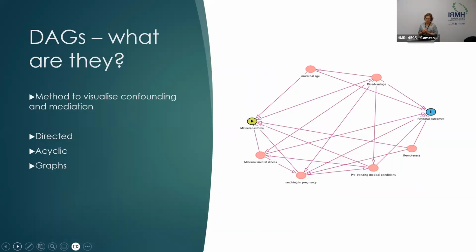So first of all, actually before we ask the question, DAGs, what are they? Who in this room has actually used a DAG before? I think I did a gene relationships one. Okay, sort of. Who's thought about using them before? Okay, a couple.